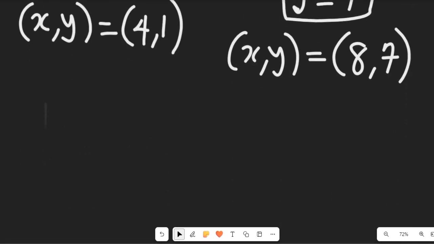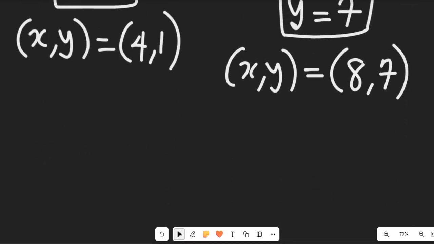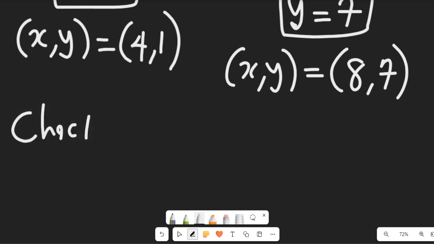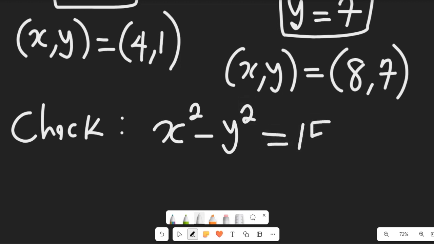So how do we check? Let's check if our solutions are right. To check, we're going to have the first value. We're given that x squared minus y squared should be equal to 15. So if we insert the first values of x and y, we'll have 4 squared minus 1 squared.